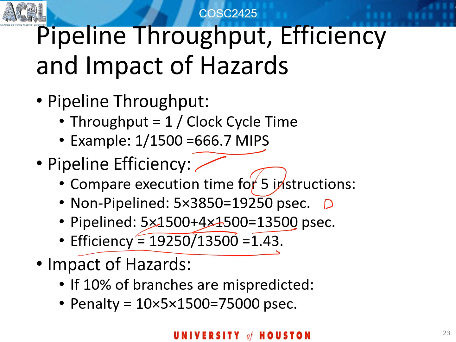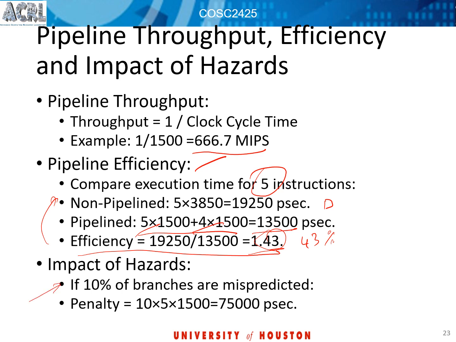To compare both, you do a division, and this shows that the pipeline version is 43% better than the non-pipeline version.